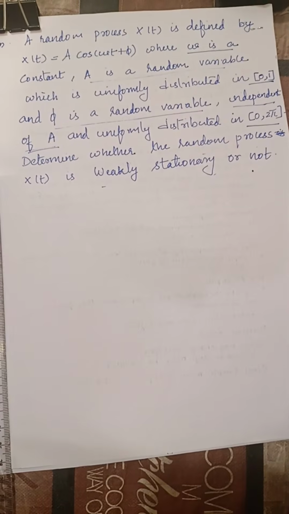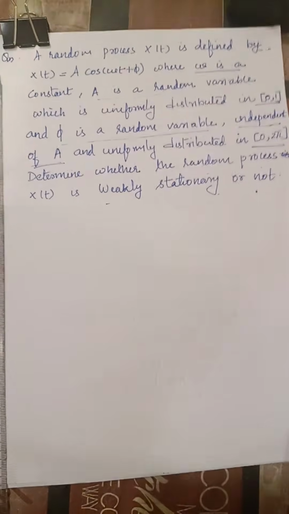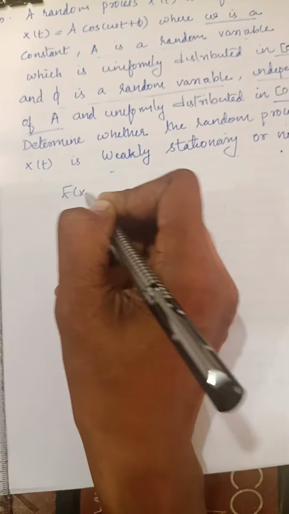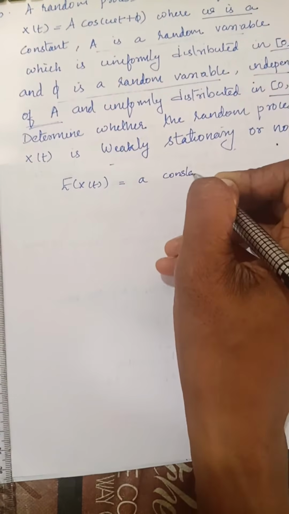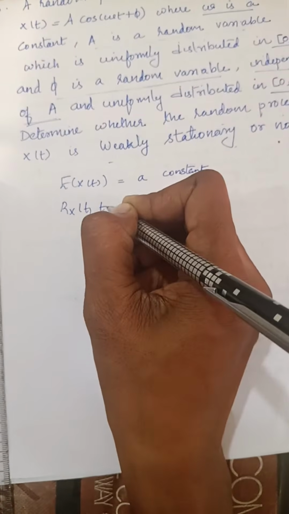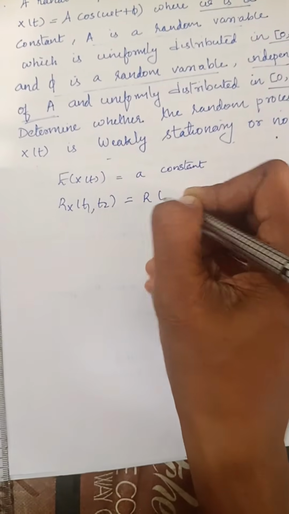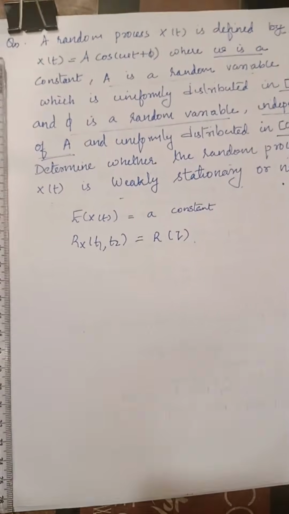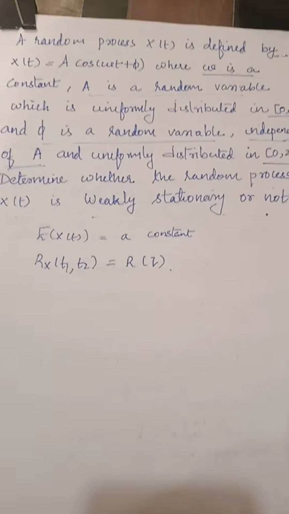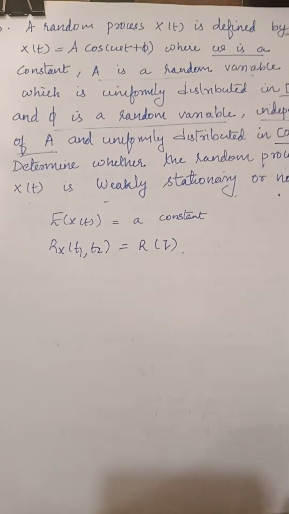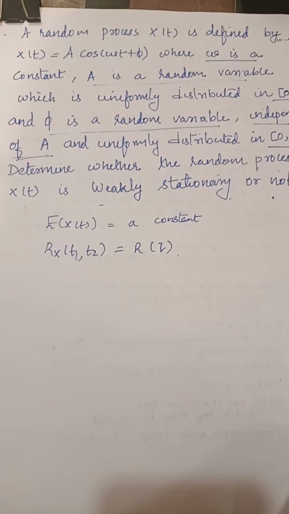A random process is known as weakly stationary or covariance stationary when its mean is a constant, that is, expectation of x of t equals a constant, and the second condition is that its autocorrelation function R_x(t1, t2) is a function of the time difference. These two are the conditions for a process to be weakly stationary. So let's see whether the given process is weakly stationary or not.